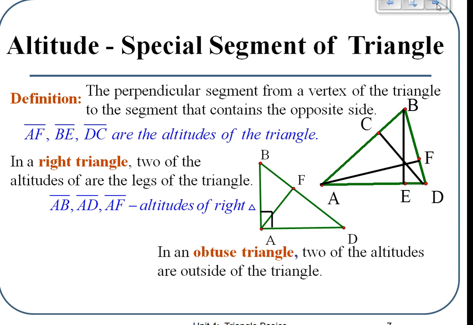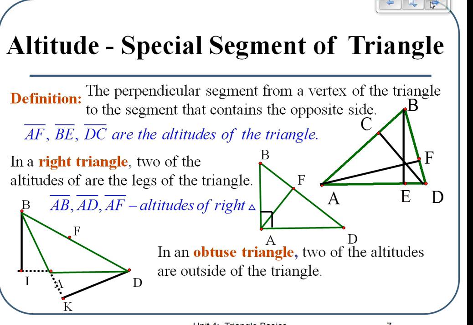In an obtuse triangle, however, 2 of the altitudes will fall outside of your triangle. So there's no way to go from B to side AD and be perpendicular without falling outside of the triangle. We do a lot with these segments in the next chapter. Those are what those altitudes are going to look like.